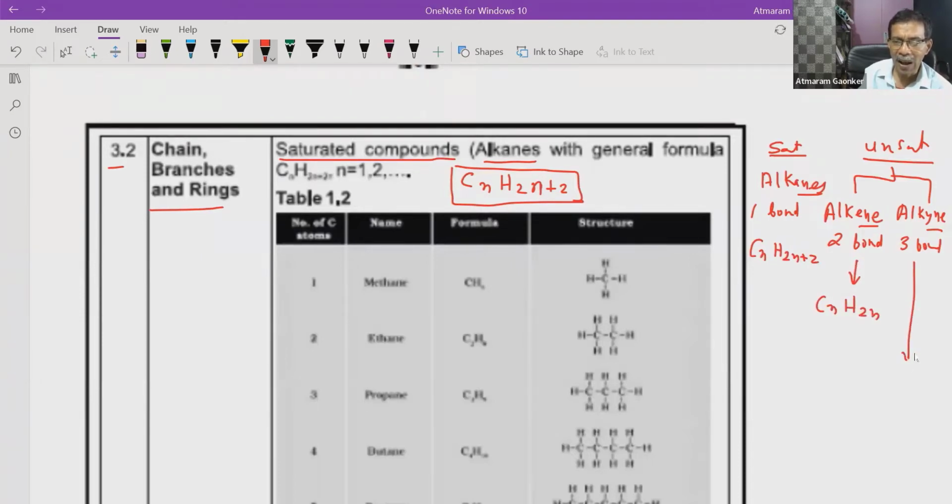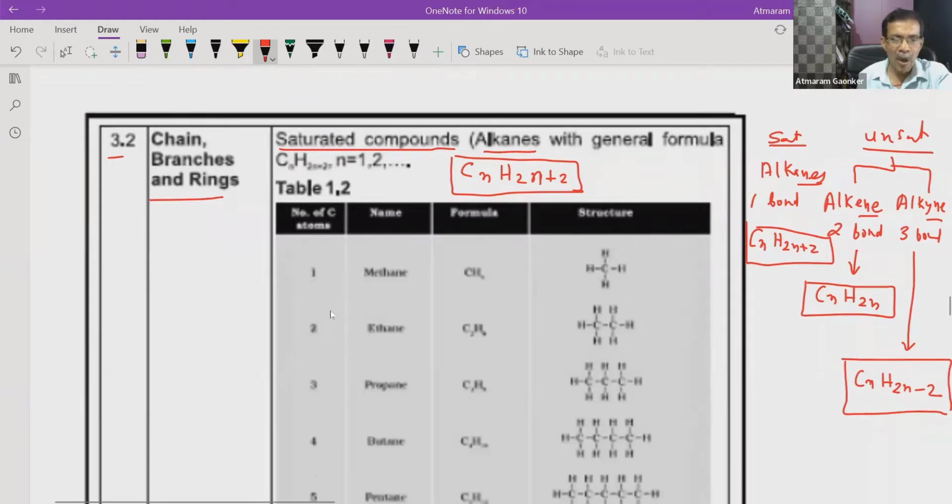And for alkyne, it is CnH2n minus 2. For alkane, the general formula is CnH2n plus 2. Here 2 is reduced from the hydrogen. So for alkene, it is CnH2n, and for alkyne, it is CnH2n minus 2. So let me go ahead.